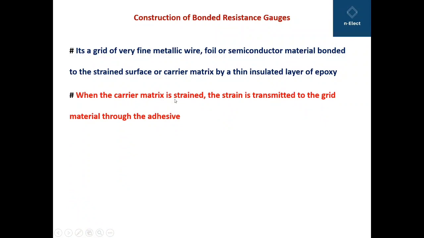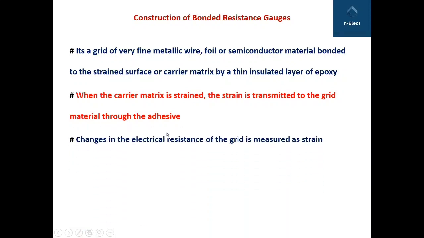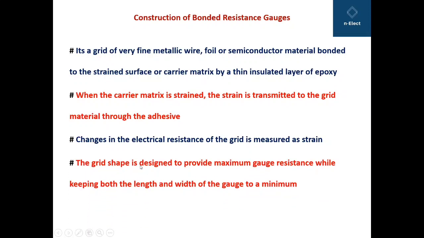When the carrier matrix is strained, the strain is transmitted to the grid material through the adhesive. Change in electrical resistance of the grid is measured as strain. The grid shape is designed to provide maximum gauge resistance while keeping both the length and width of the gauge to a minimum. So for the minimum change in length and width of the gauge, you will get the maximum change in the resistance value.